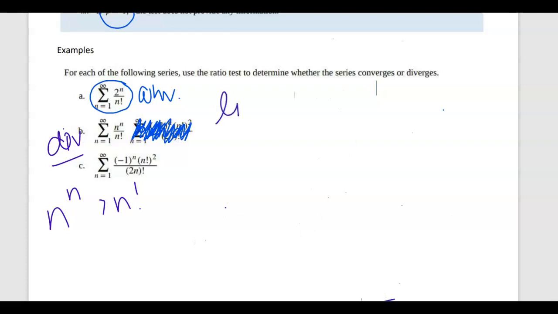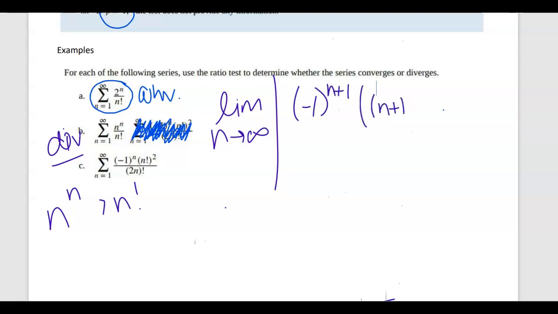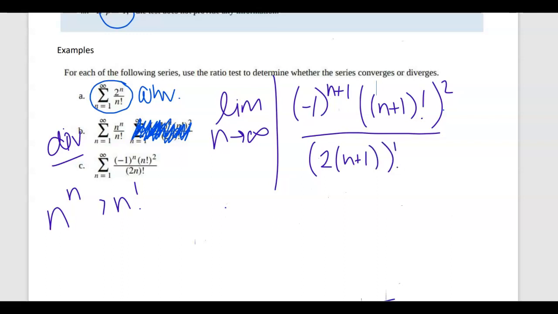So we have the limit as n goes to infinity of negative 1 to the n plus 1, n plus 1 factorial squared, all over 2n plus 1 factorial. I'm going to multiply that by the reciprocal of the original.